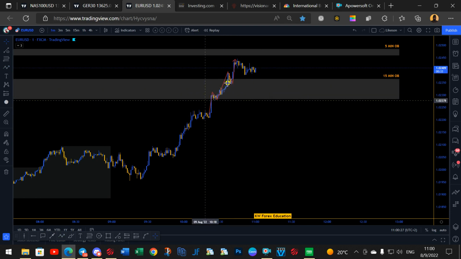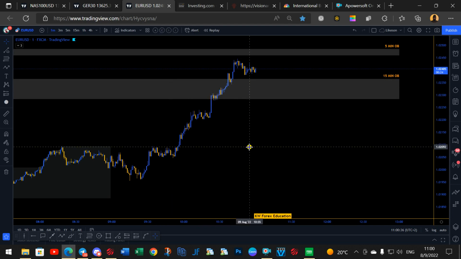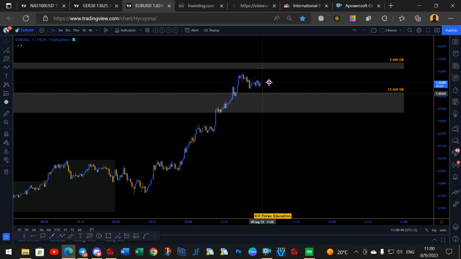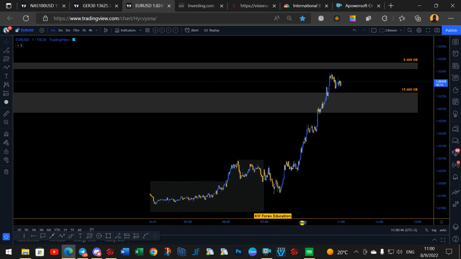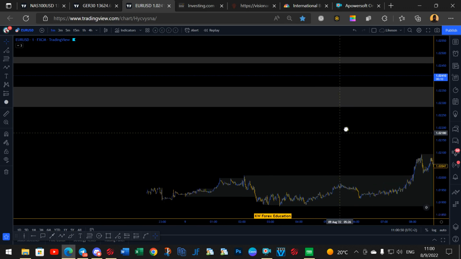We don't have a change of character in here, so we don't have a reason to enter this trade. We've saved ourselves money instead of just jumping into trades. Wait for a change of character before you enter. It's the same thing I'm going to apply here. After mitigation, I'm going to wait for a change of character before I do anything stupid. I'm not going to rush into entering trades just like that.